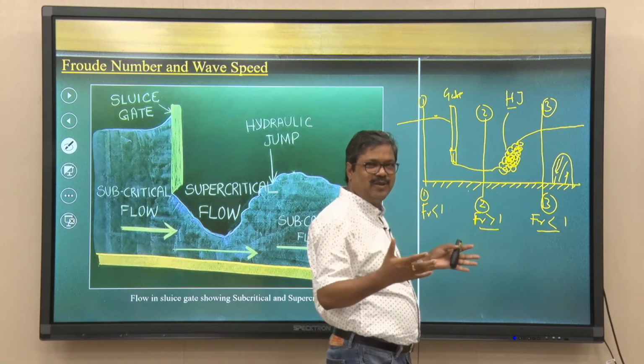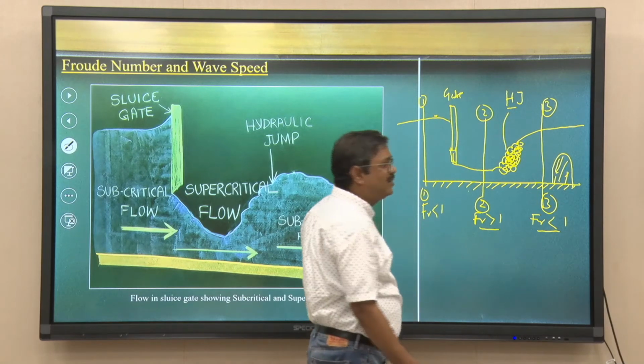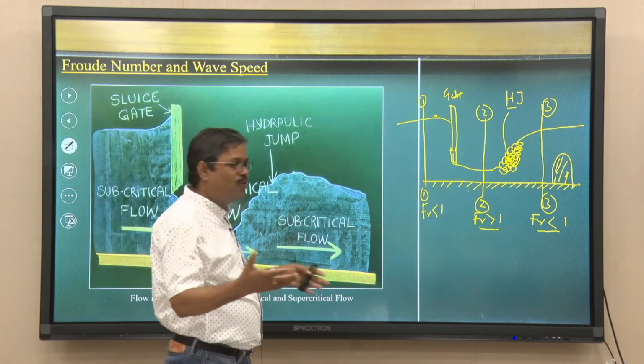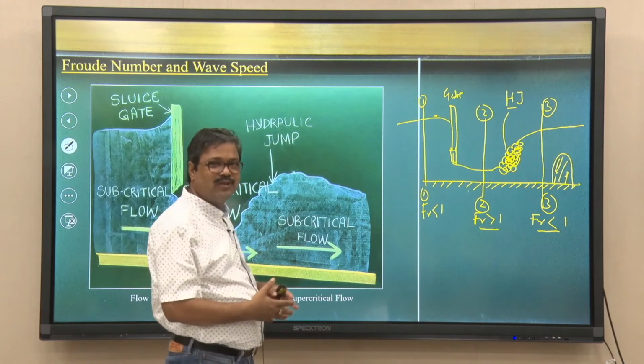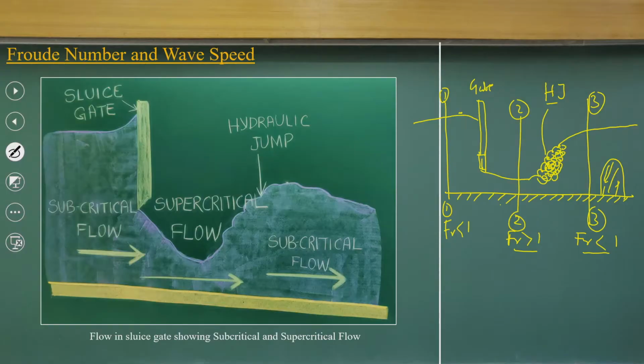You have lots of sources like Google and YouTube, and you can see how hydraulic jump formations happen, which is quite beautiful. Sometimes, because of hydraulic jumps, there are also rainbow formations. It is quite beautiful, but it also helps engineering.